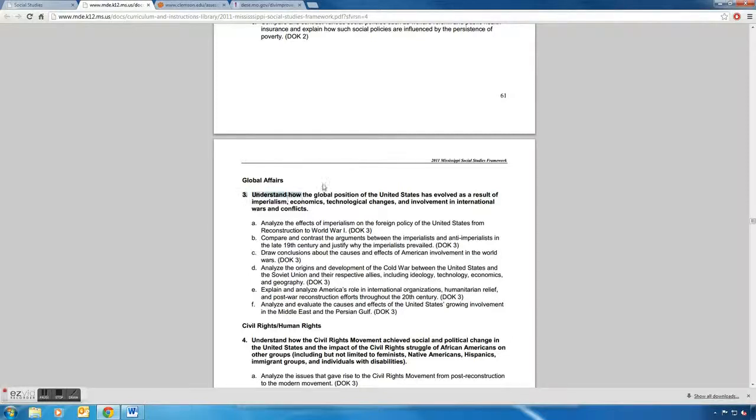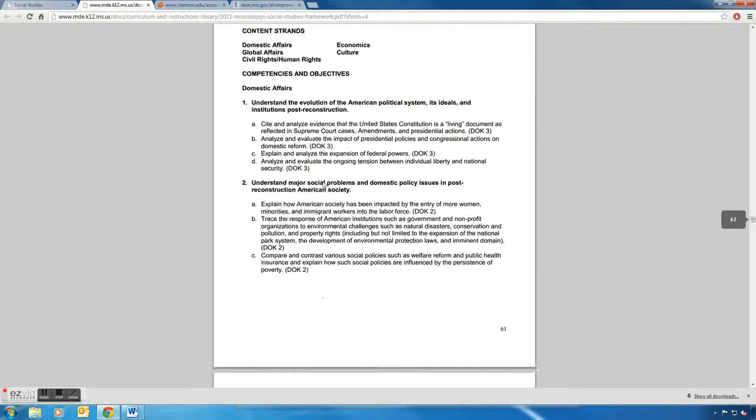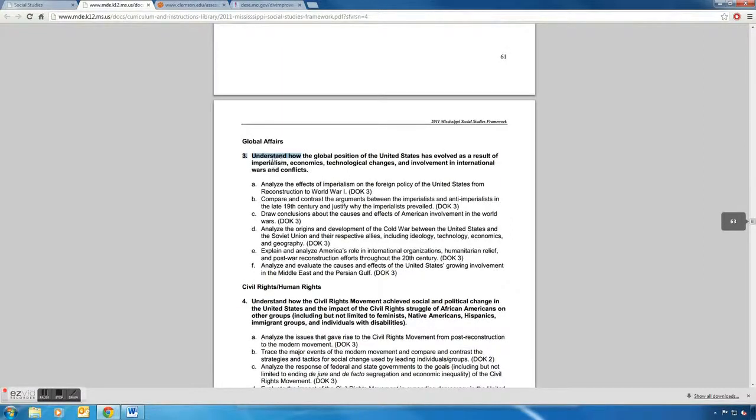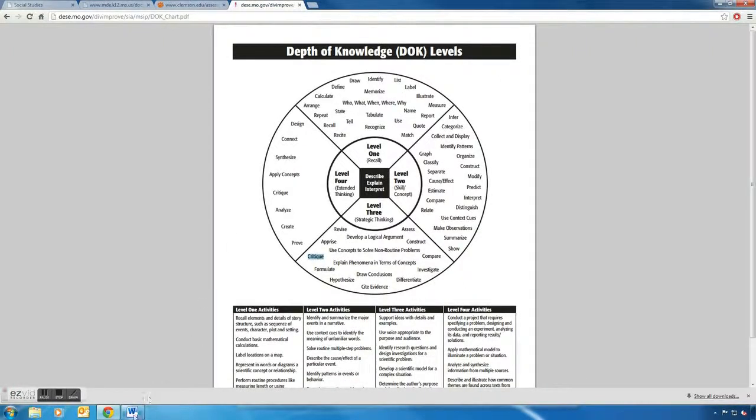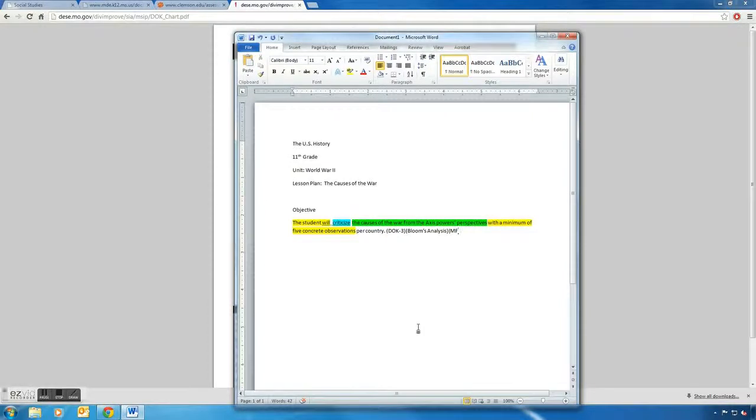Number 3, global affairs. This is obviously number 3, because number 3 would be global affairs. Analyze the conflict. So I'd make it MF3. So Mississippi Framework 3.